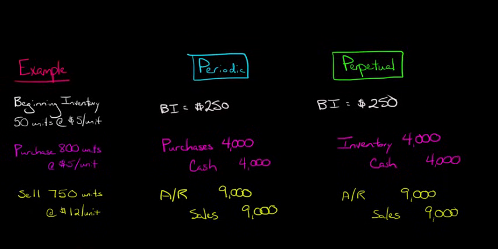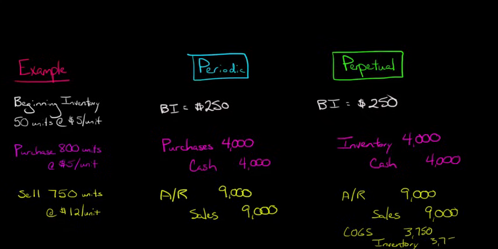Think about it. We've actually gotten rid of some inventory, right? We sold 750 units, so we have to account for that. We're going to reduce our inventory account. Under the perpetual method, we're going to say a debit to cost of goods sold and a credit to inventory. How much? Well, we got rid of 750 units that we had on the books at $5 a unit. So 750 times 5 is $3,750.